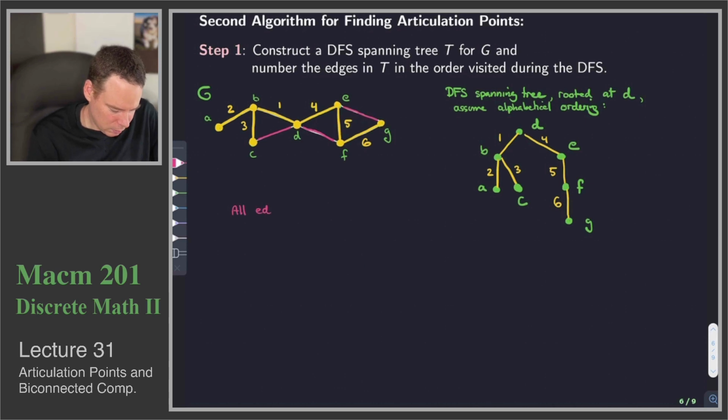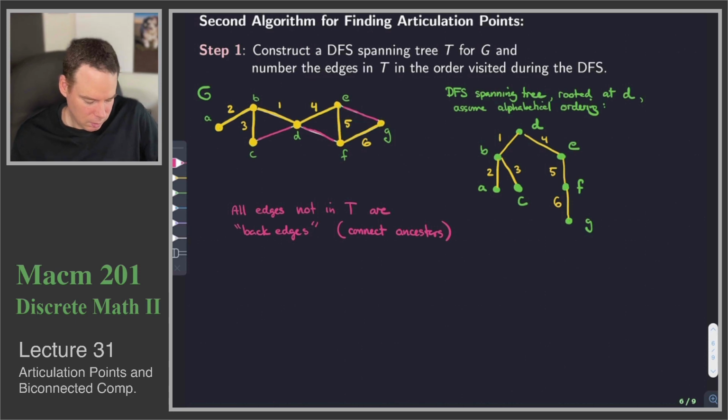All edges not in T are what we call back edges. What does that mean? Well, they connect ancestors. Let's see that in our picture.